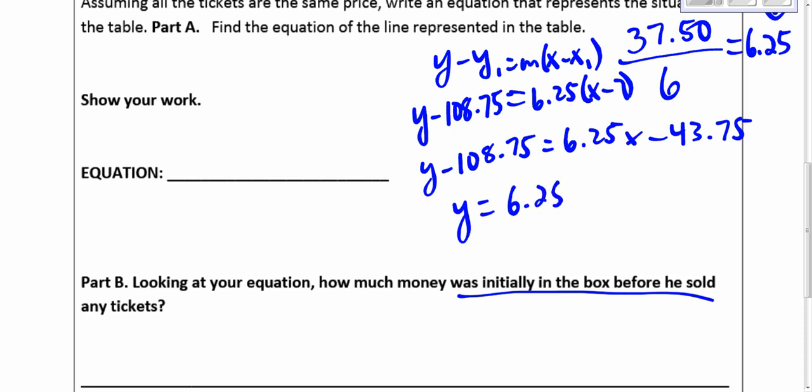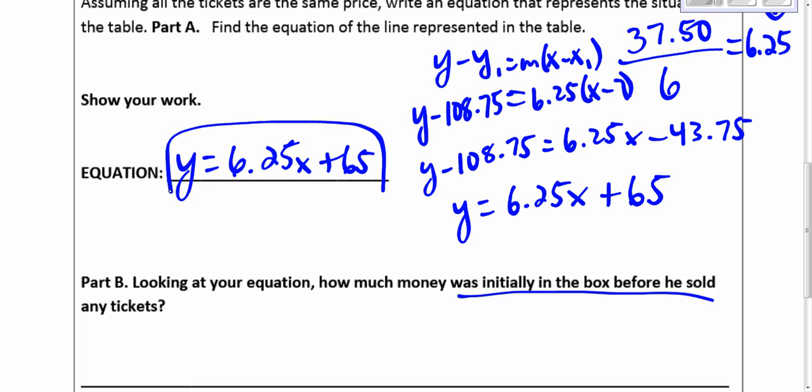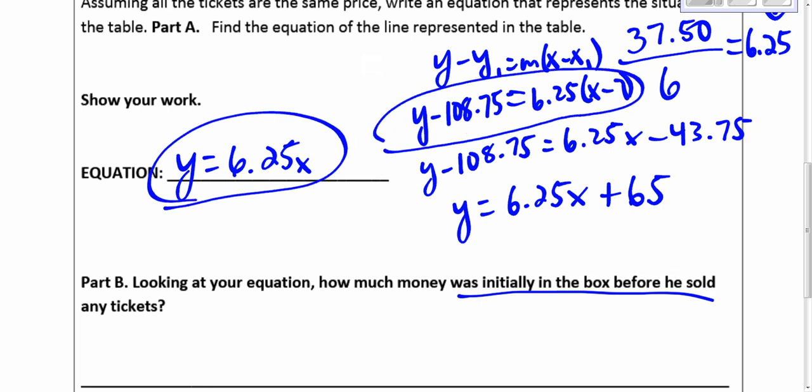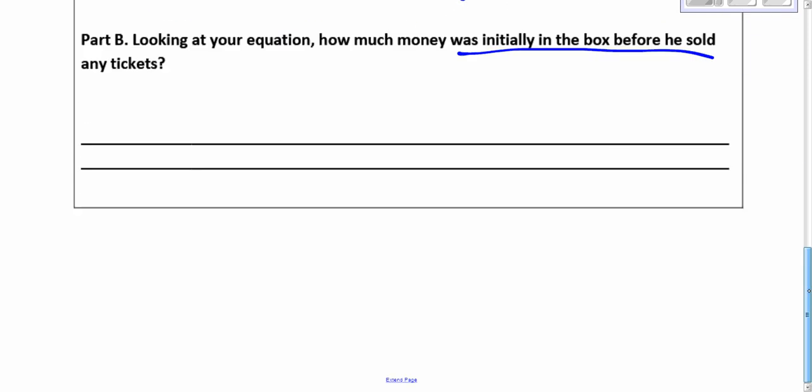So I get y equals 6.25x plus 65. So that's my equation. But like I said, that's one possibility. This was another possibility, but you're going to have to do the work to figure out that 65 is the answer anyway.